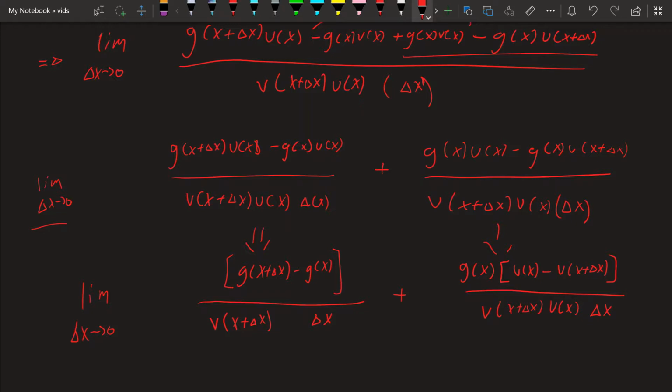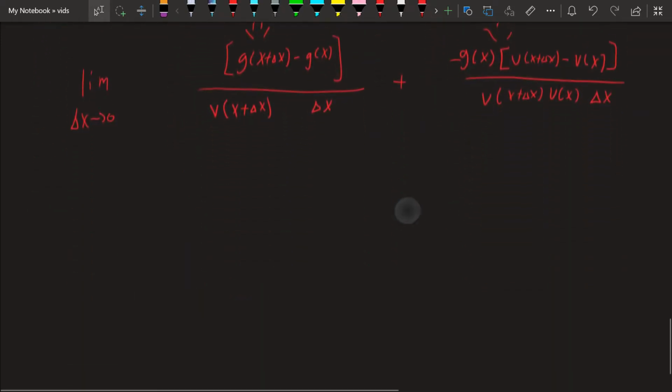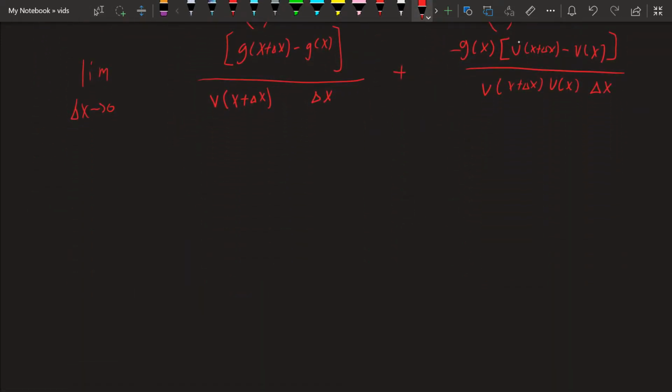So here we go. So what we can do here is factor out a negative from this, can't we? So let's factor out a negative. We're going to put the negative outside, and this becomes a plus, this becomes a minus, right? So let's just rewrite it. So it's going to be v of x plus delta x minus v of x. Good. Let me scroll down a bit so I can continue.